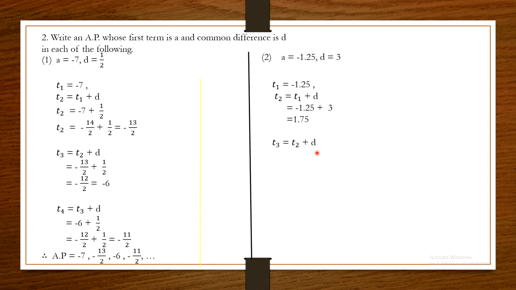T3 equal to T2 plus D. So 1.75 plus 3, we will get 4.75. Again T4. T4 equal to T3 plus D. That means 4.75 plus 3, we will get 7.75. So the terms of the AP are minus 1.25, 1.75, 4.75, 7.75 and so on.